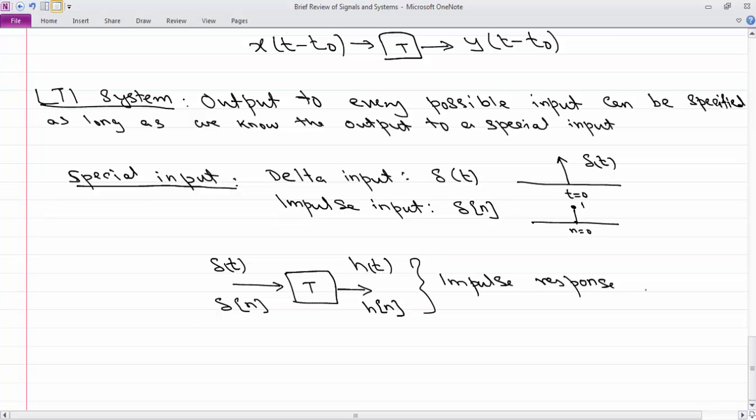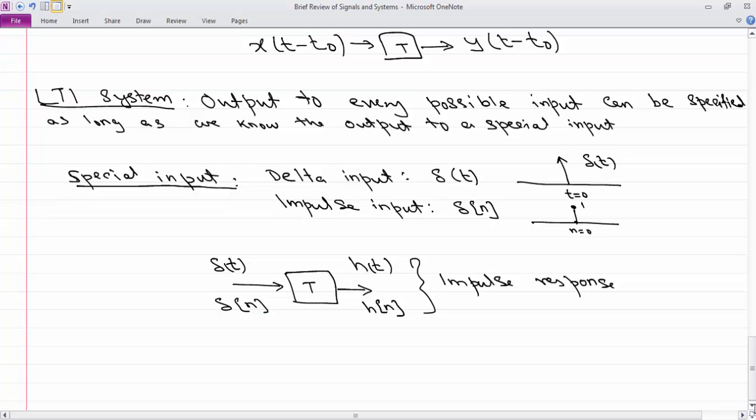Keep in mind, every possible system, whether LTI or not, has an impulse response. The question is whether knowing the impulse response is enough to know the output of every possible input. And that is a property of only an LTI system.